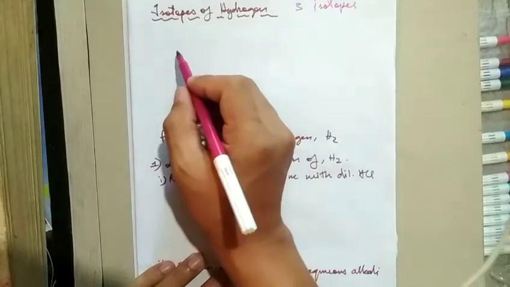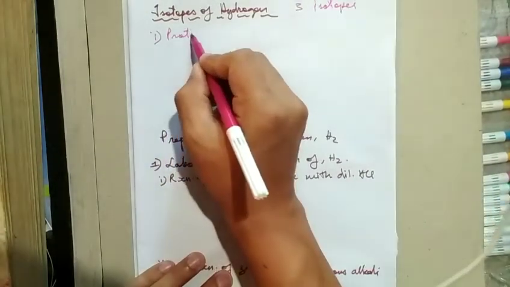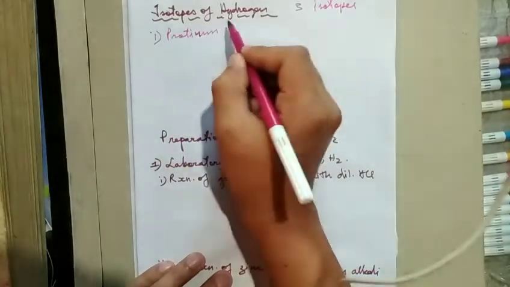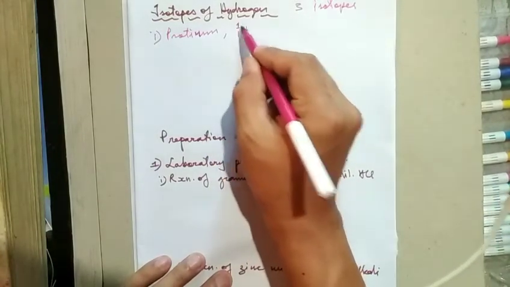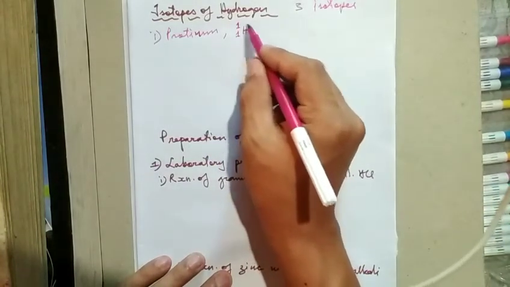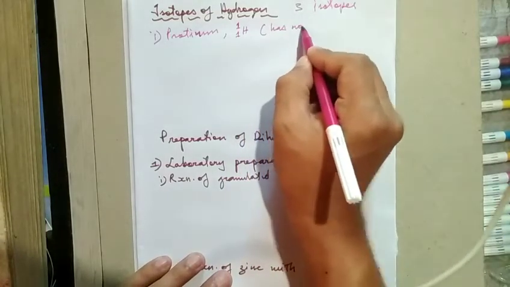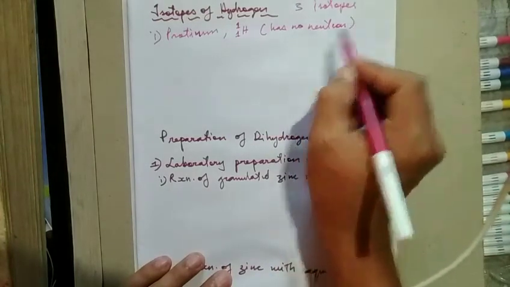The first one is protium. So the symbol is this one. Protium has no neutron. No neutron is present in protium.